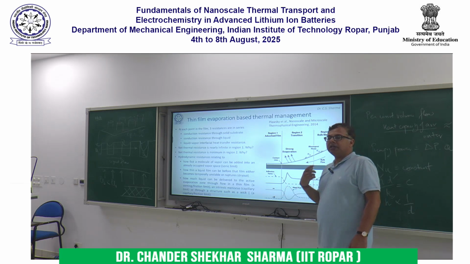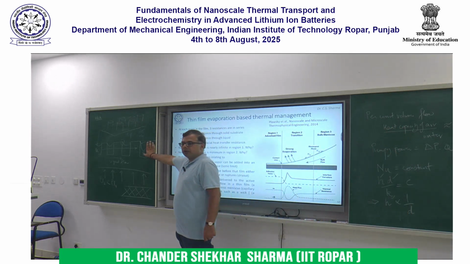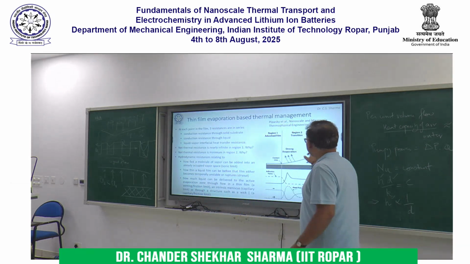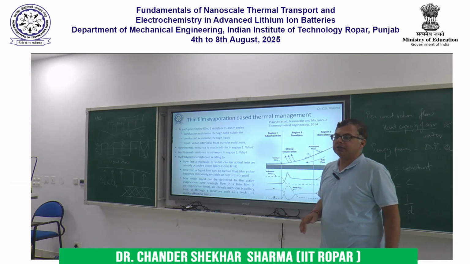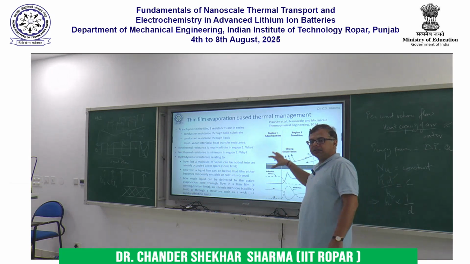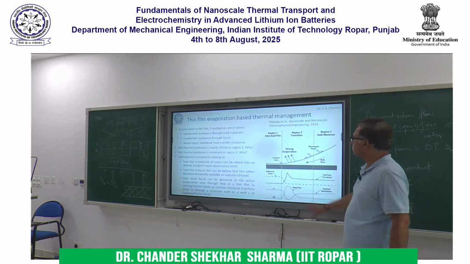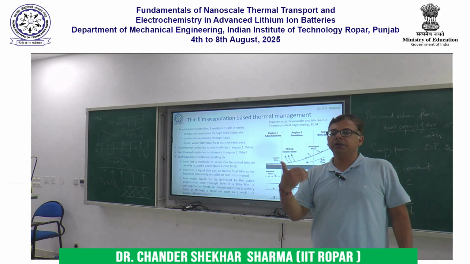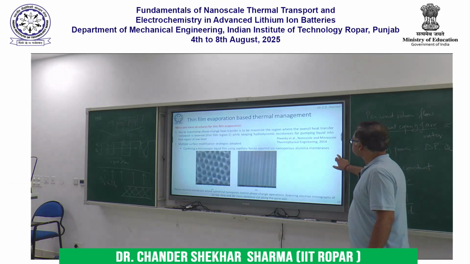So when we are designing any new wick for heat pipes or vapor chambers, the target is to maximize this region per unit area of the device. If this region is large, you can get a high heat transfer coefficient. This is called the thin film region. So you want the thin film region per unit area of the device to be as large as possible.